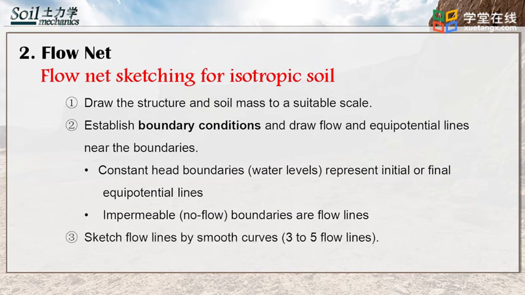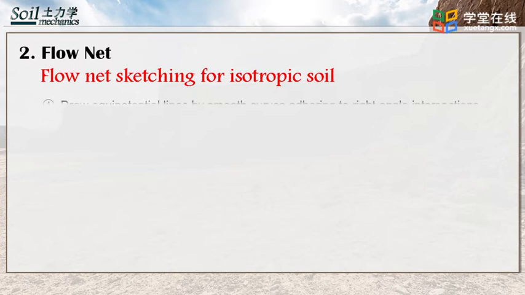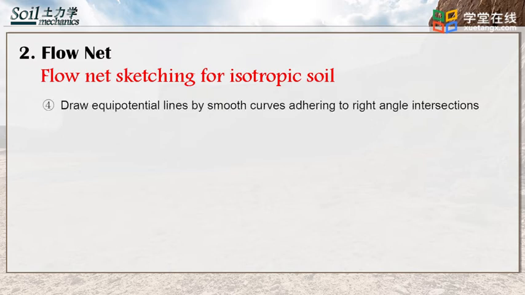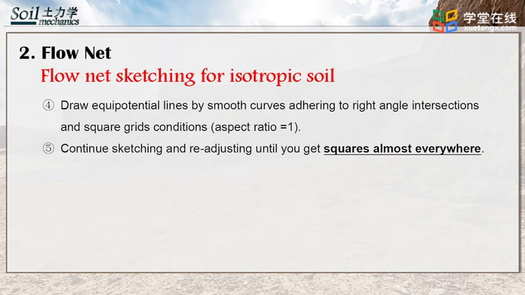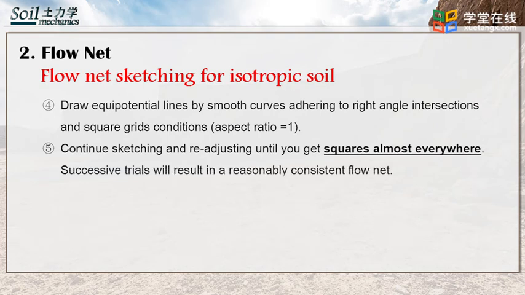Sketch flow lines by smooth curves, usually 3 to 5 flow lines. Step 4. Draw equipotential lines by smooth curves adhering to right angle intersection and the square grid conditions. Step 5. Continue sketching and readjusting until you get squares almost everywhere. Successful trials will result in a reasonable, consistent flow net.